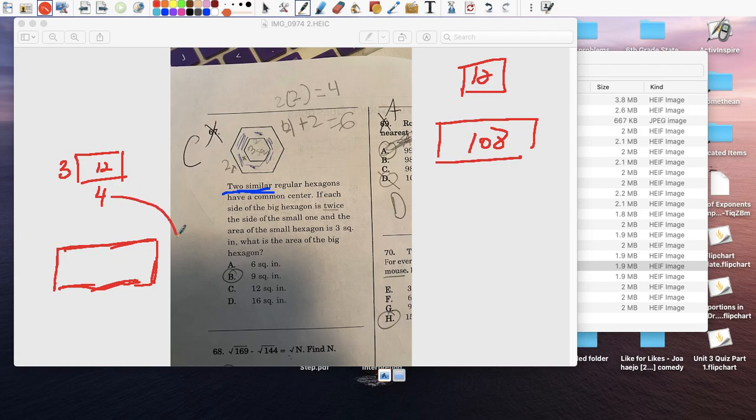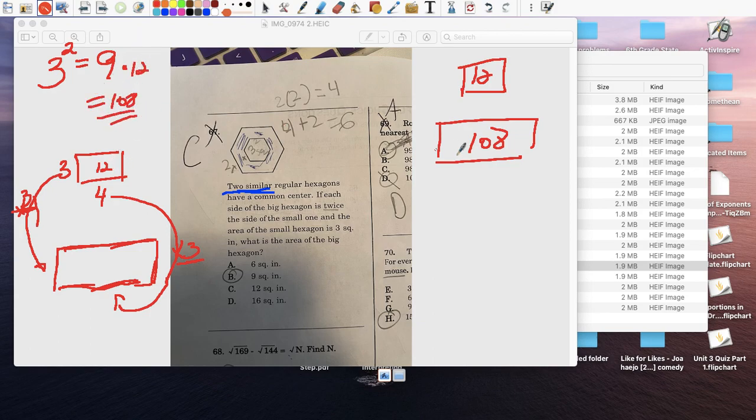So to go from here to this side is times 3, and to go from here to here, it's times 3. So the scale, the multiplier used to go to the new dimensions, is 3. So if we take that 3 squared, we get 9. And then 9 times the 12, look at that, we get the 108.